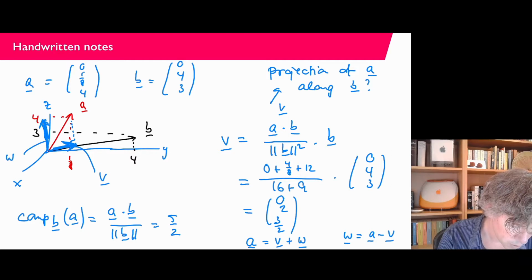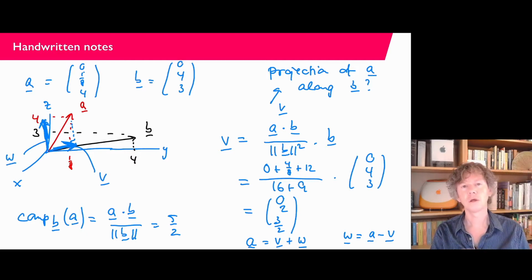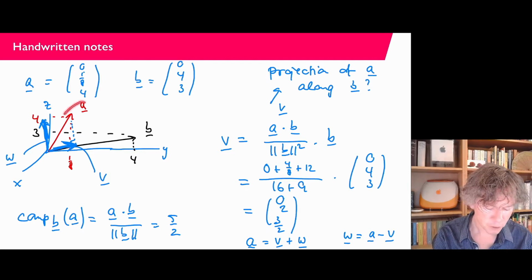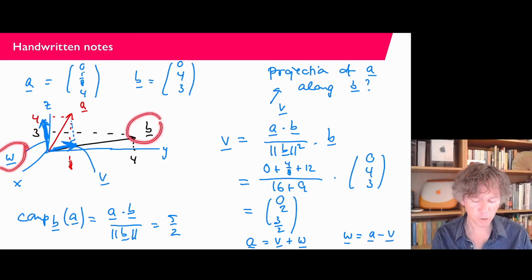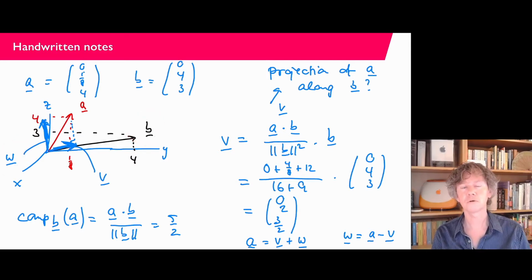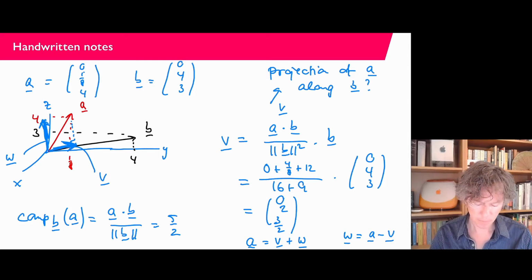So this is w. So the a vector, this red vector here, is the v vector plus the w vector. And if you compute w, then what you should find is that w is orthogonal to b. And w should also be orthogonal to v. So you can check that, you can verify that and see that it indeed holds true. And I think that for your understanding it would be good to do so. So try that. Try to see if w is orthogonal to b. So a bit of homework there.